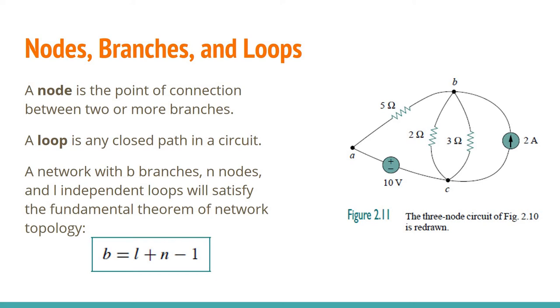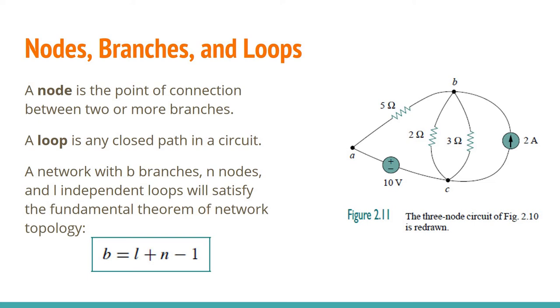Another is the loop. A loop is any closed path in a circuit. So pag mingon ta og loop, na looping, no? For example, diri sa figure 2.11, ang naa ni siya tulo ka loop. First loop is from A to B to C to A. So kana siya, isa na siya ka loop.